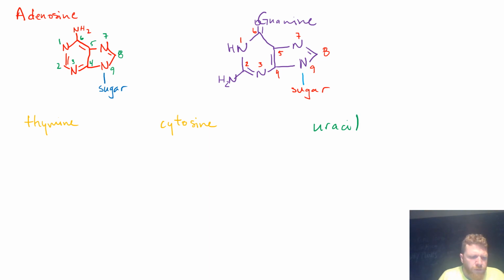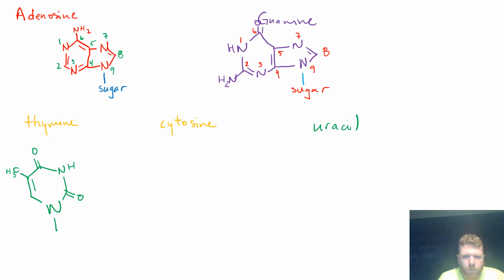Okay, so thymine has the following structure. Nitrogen, we've got a double bond. NH, oxygen, a methyl group right here, and then that will do it.